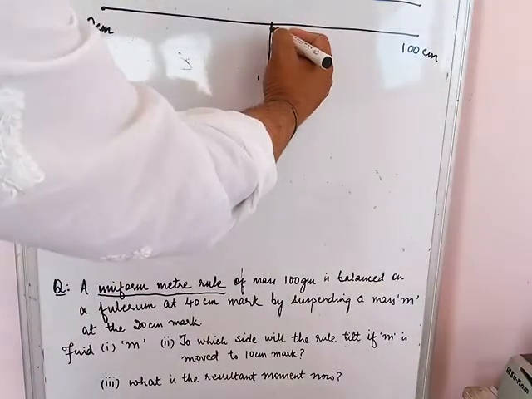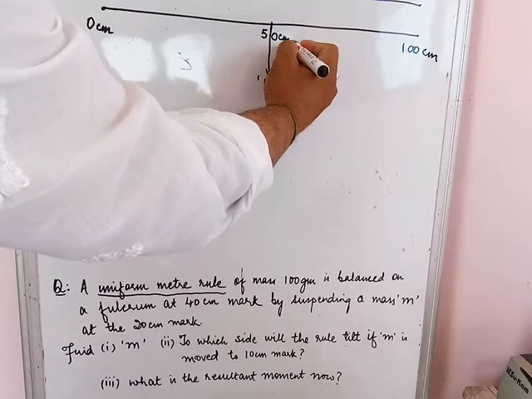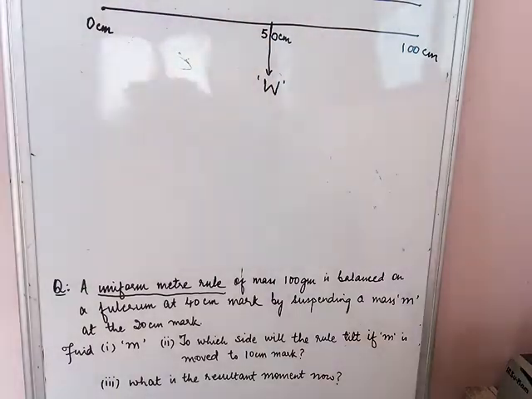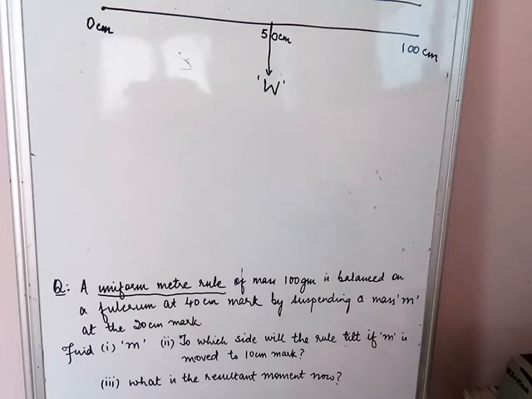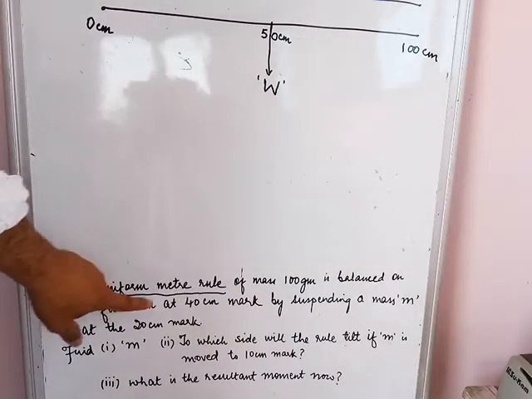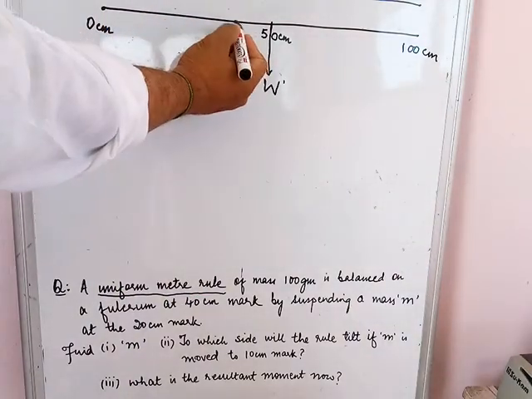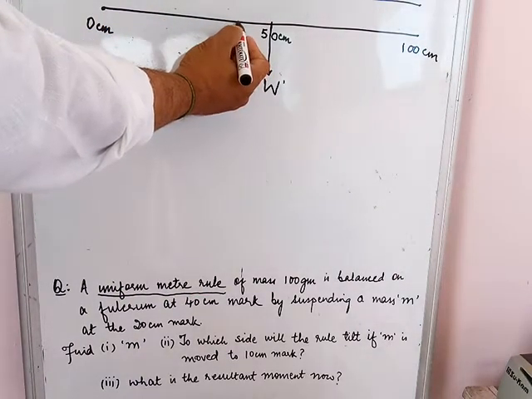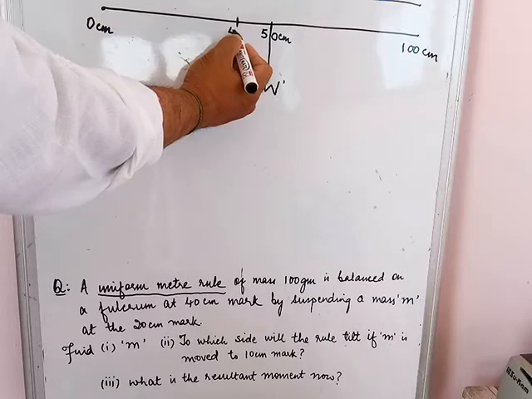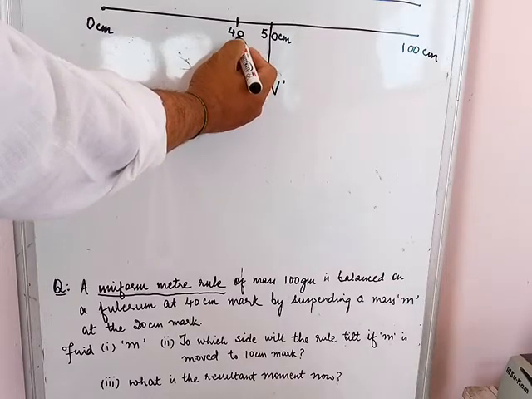That midpoint, if I mark it, will be the 50 centimeter mark in between. Now, the next important thing is, where is our fulcrum? Where is our pivot? As you can read in the question, a fulcrum at the 40 centimeter mark. Supposing that here you have the 40 centimeter mark, so here you have the fulcrum.